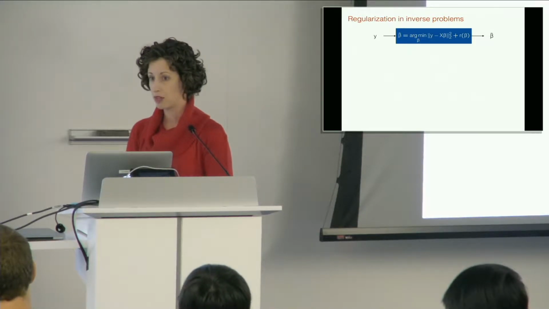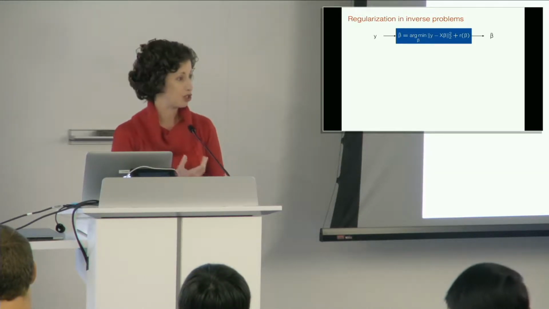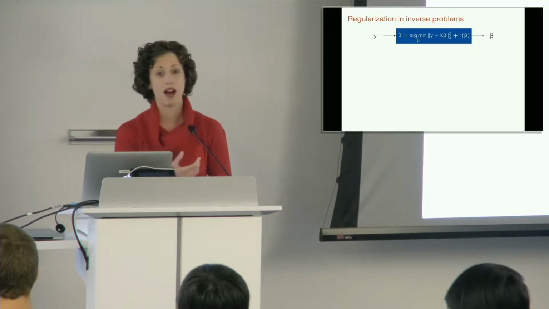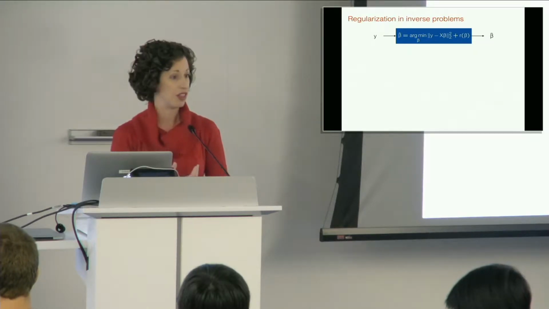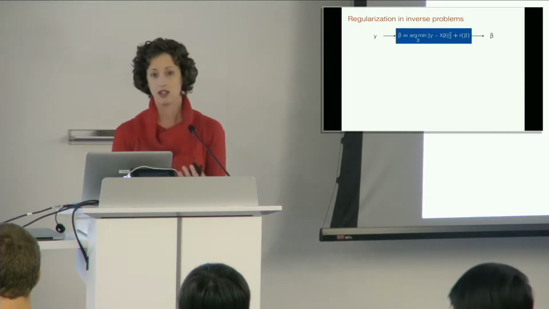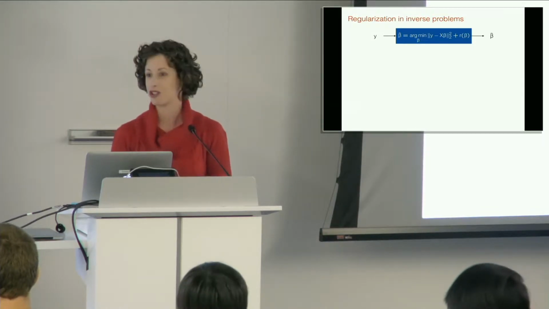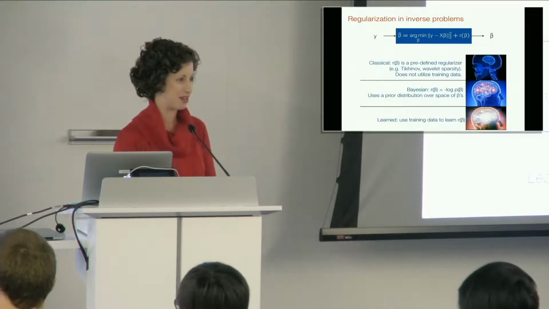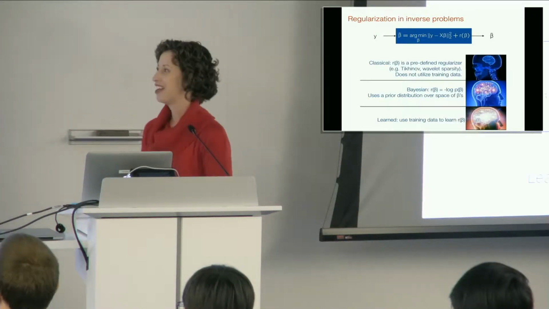So the name of the game is really choosing this regularization function, R, that somehow codifies what we think should be in images, what the natural geometric structure of images should look like. So there's multiple levels of enlightenment for image reconstruction.